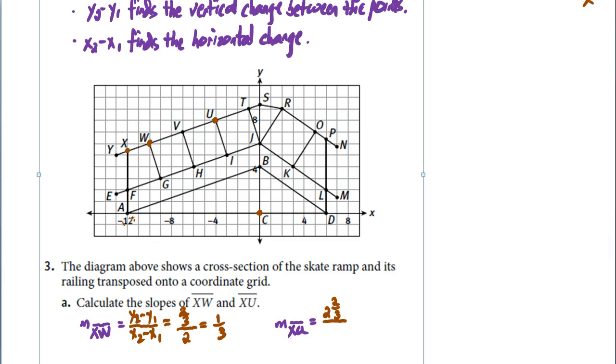X is at -12, and the x coordinate of u is at -4, and the change from -12 to -4 is 8 units. So we have 2 and 2/3 divided by 8. This makes 1/3, or a 1:3 slope.